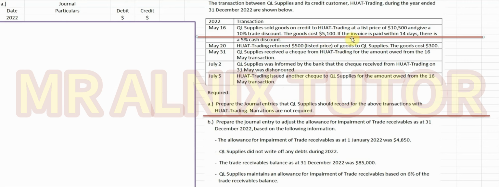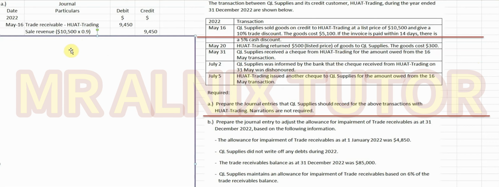But they provide another condition: if What Trading pays within 14 days, What Trading will get another 5% cash discount. Now for 16th of May, this is linked to your sales revenue and your trade receivable.